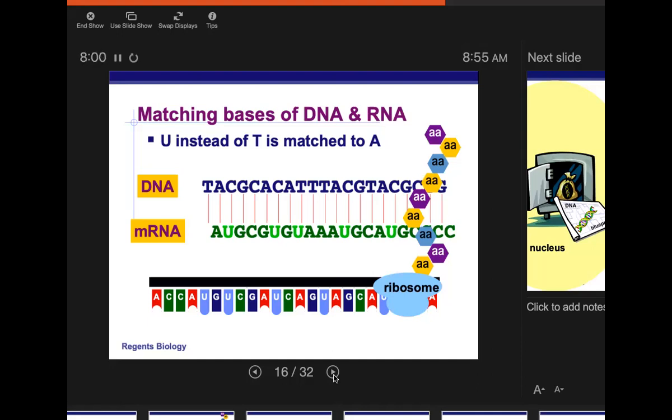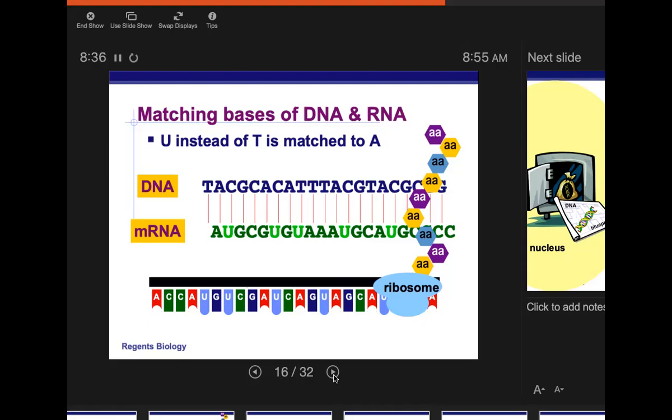Now, in the very first chapter of the year, biological molecules, we learned that proteins are made of what monomer? Amino acid. Exactly. Good. Was that Braylon? Yeah. Great job. So, amino acids. So, we know that the mRNA is actually going to tell us what order to bond the amino acids in. That's what it's going to give us the information to do.